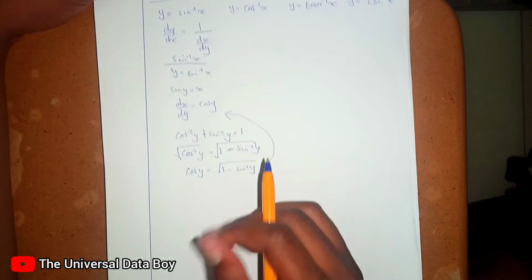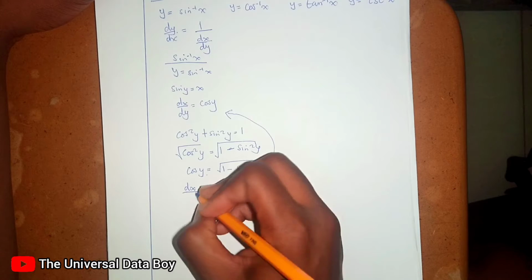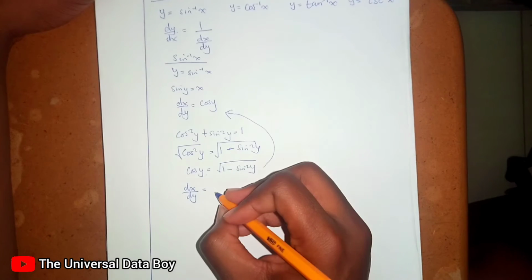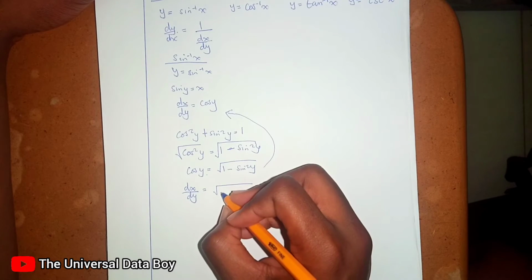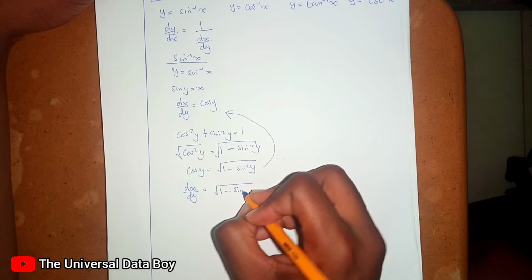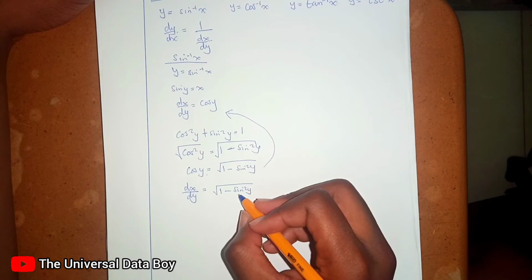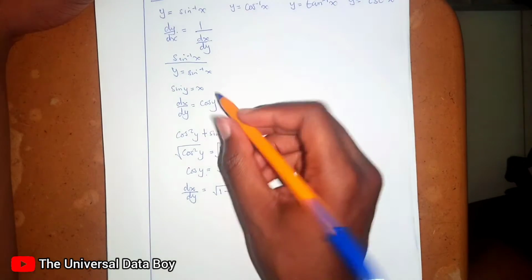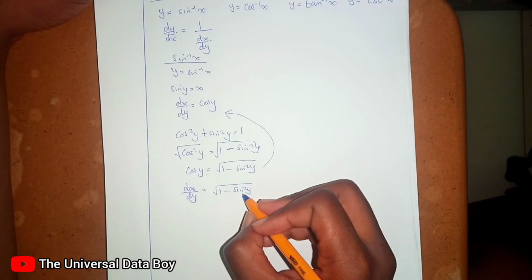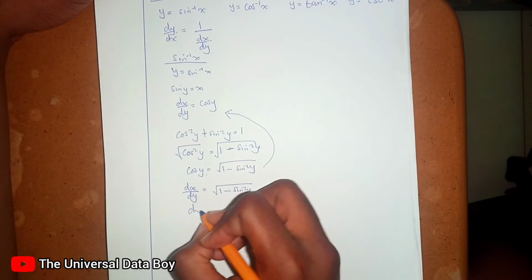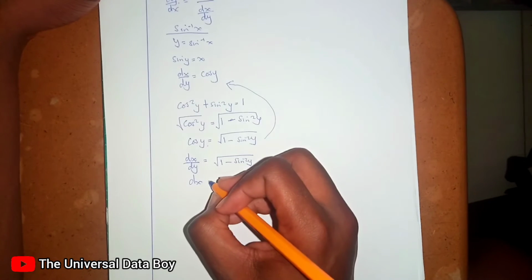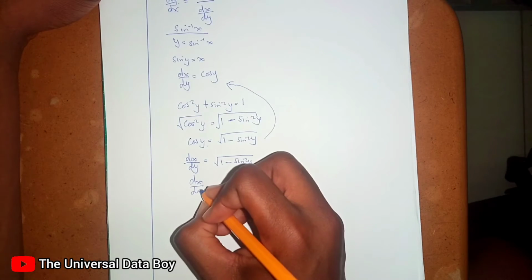So now we can conclude that dx over dy is equal to the square root of 1 minus sine squared y. Now sine y, we know it's x, so wherever there's sine y you can put x.